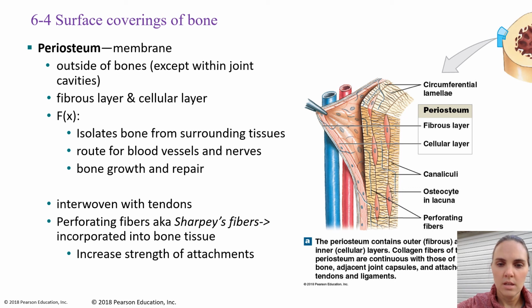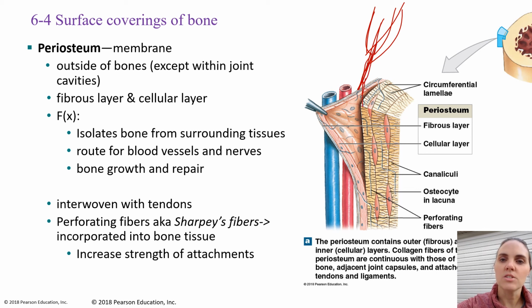So we would have a muscle. This is a very rough drawing with a tendon coming down, and the fibers from that are going to interweave with the fibers into the periosteum.